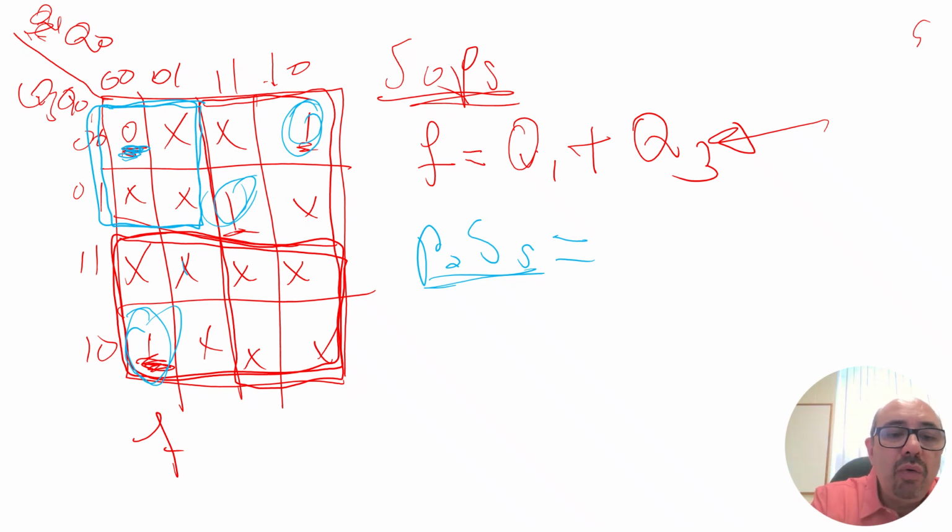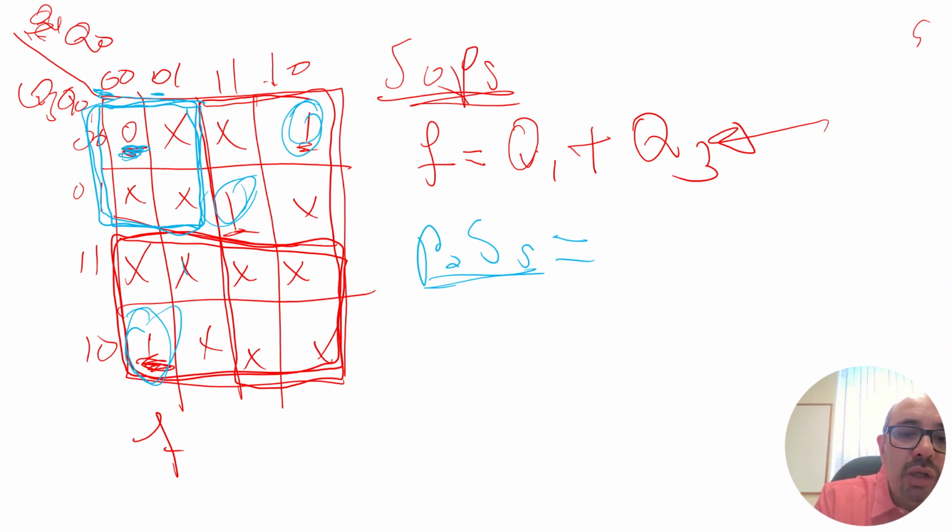Now I want to find what this represents in a product of sums. Remember, the relationship between the variables in each term is OR, and the relationship between different terms is AND. So what does this group give me? I have Q1 here, Q1 here, it's 0, so it's not changing.